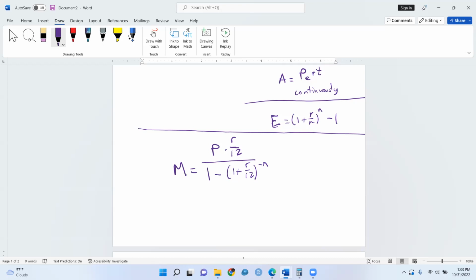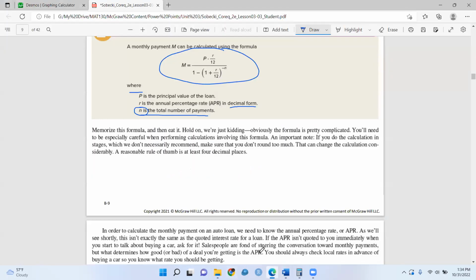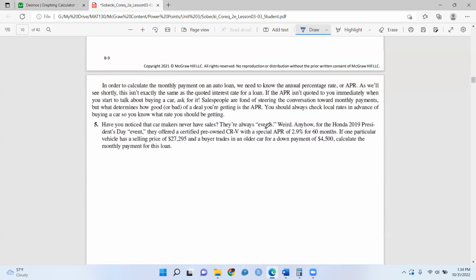By the way, there are other versions of this monthly payment formula that you can find on the internet. I think you should stick with the one from the book. It'll help you when you're working through your ALEKS problems. So let's do a practice run of this. So we need to know this APR.